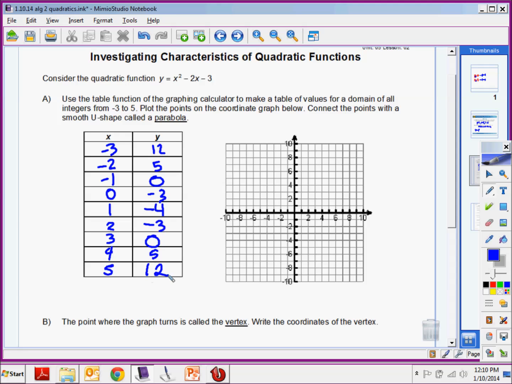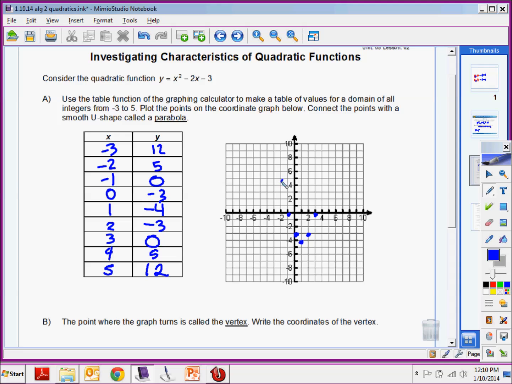All right, these are the values you should have gotten. Did we get them? Yes. Did you sketch your graph? Is it negative 3? And then 0? 3, 0. And then 5?